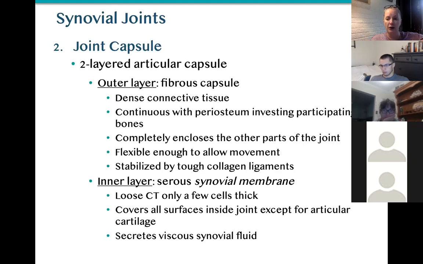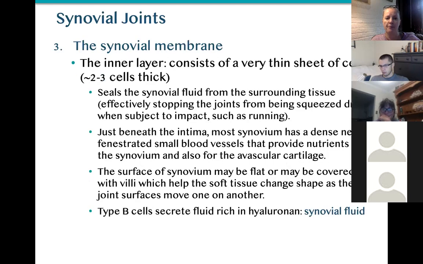Now, the inner layer of that joint capsule is going to be synovial membrane. And this is made out of a connective tissue that doesn't have a basement membrane, and it's only going to be a couple of cells thick. Its job is going to be secreting all of this viscous synovial fluid, okay?